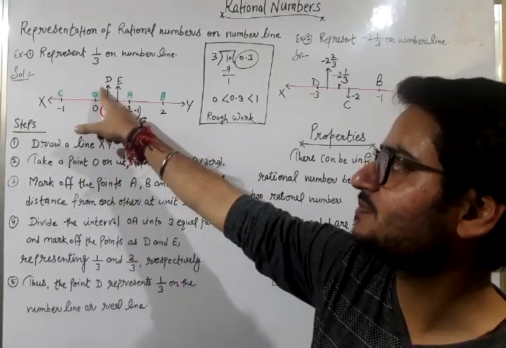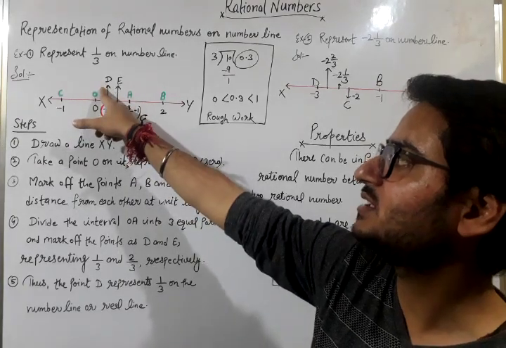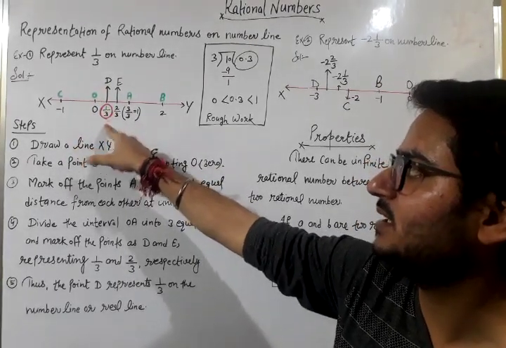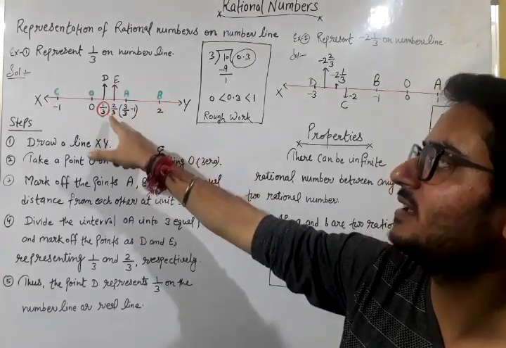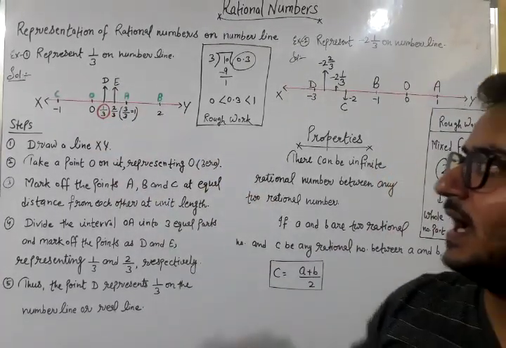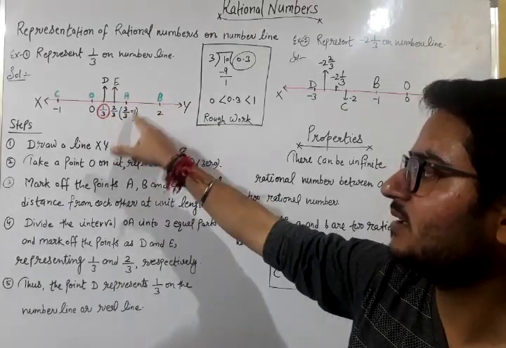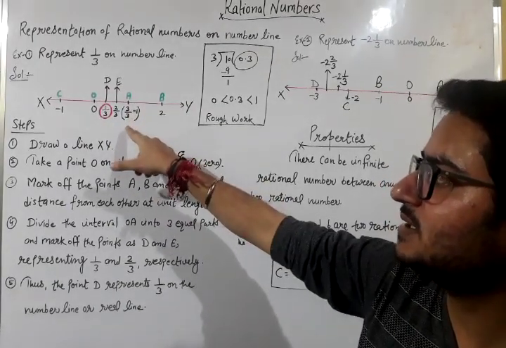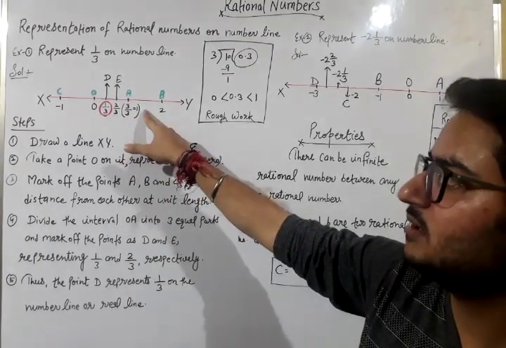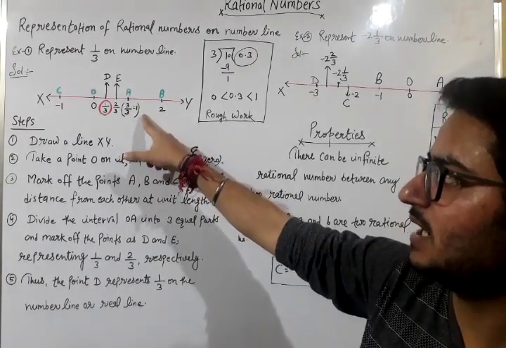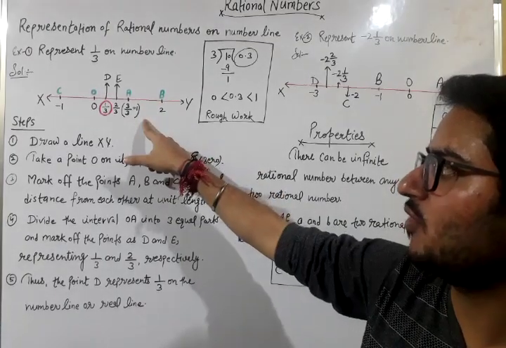OD is the first part, therefore the point D will represent 1 by 3. DE is the second part, so the point E will represent 2 by 3, and EA is the third part, so point A will represent 3 by 3, and after dividing it by 3 we will get 1. 3 ones are 3, that's why point A is 1.